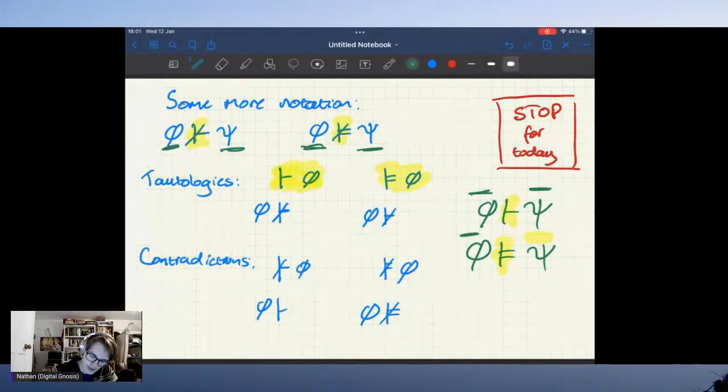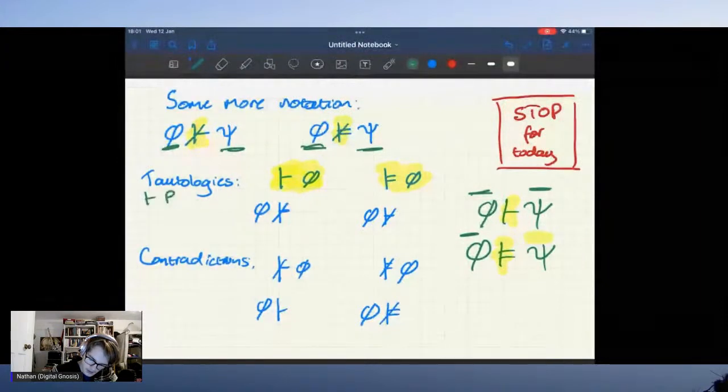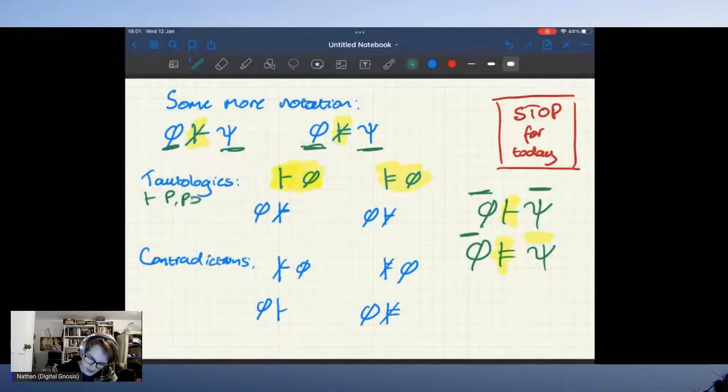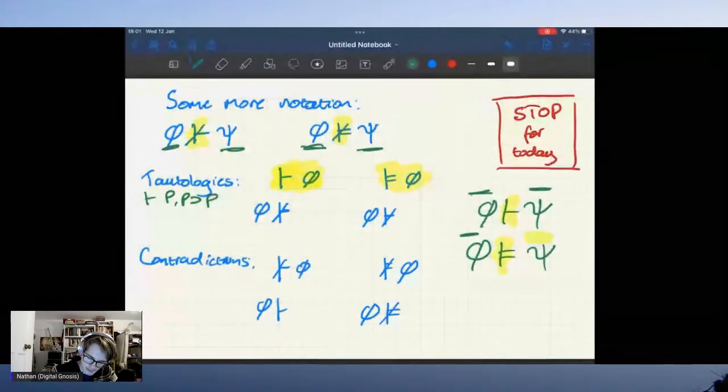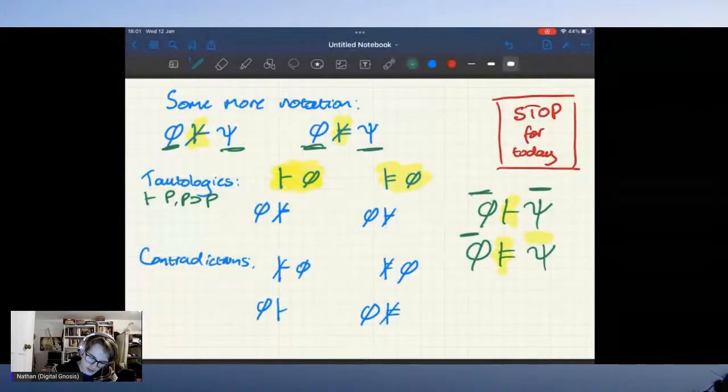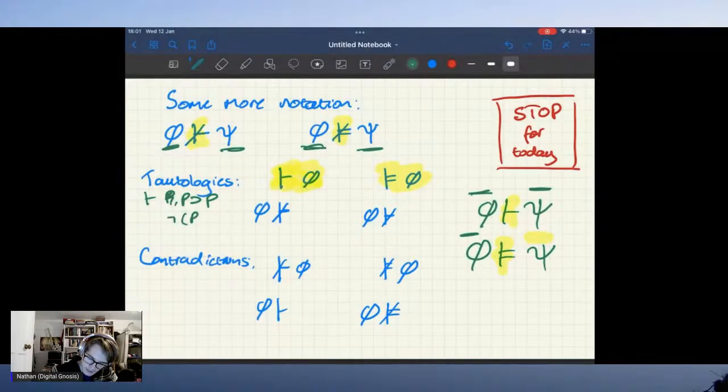Let's think of a good example. Here's one. We can do it like this: P, then P. And what we do is we negate P then P. And then remember from our rules of Tableau, we get P, not P. We've got a contradiction, boom.